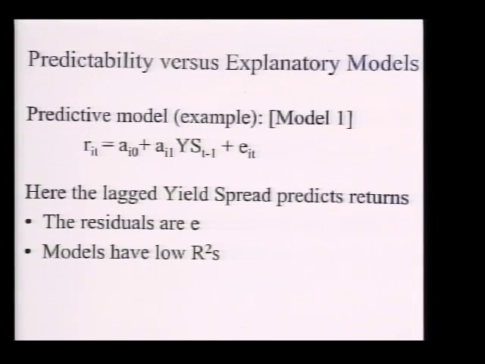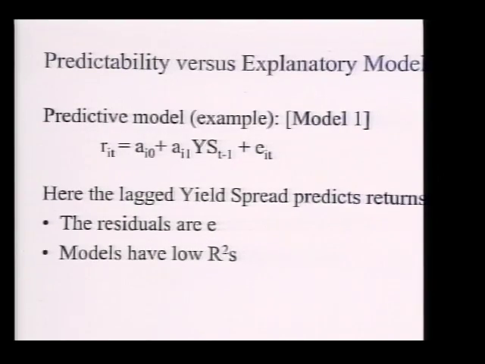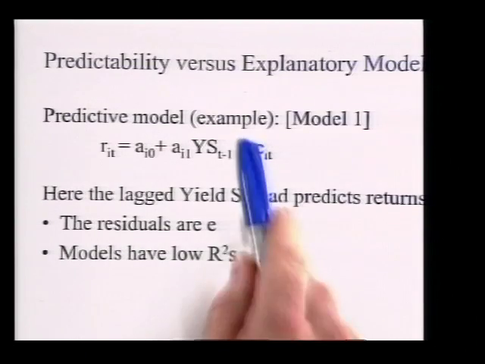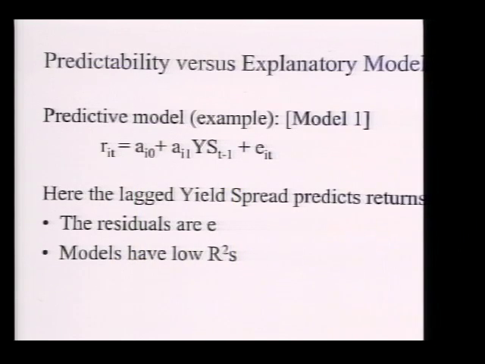This is exactly the type of model that you were looking at in assignment number 3. Take the return, and to make things simple, let's just use the little r as an excess return. It doesn't have to be, but that might help our notation a little bit. This is just an example, where we regress the return on the lag yield spread.